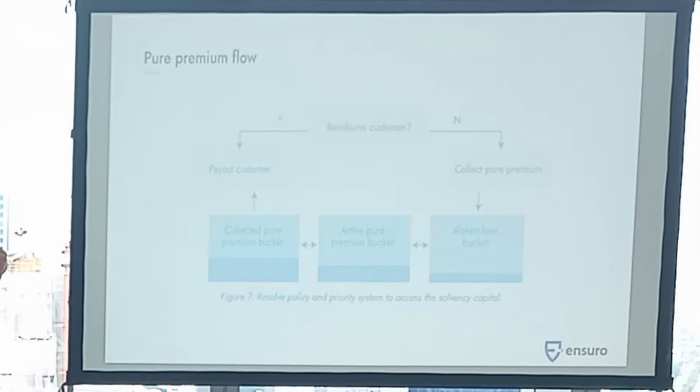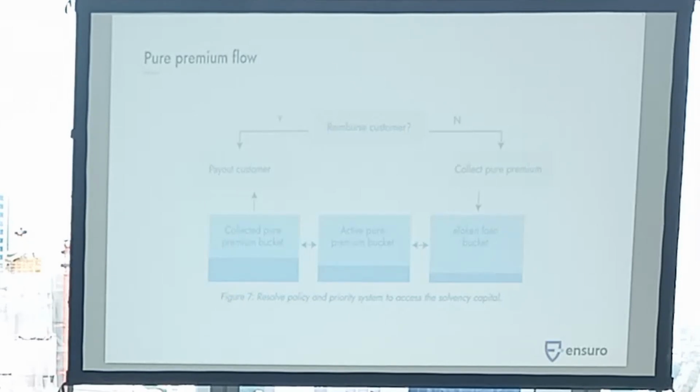You start using that. And if that is exhausted, then you take what we call a loan, and later I will explain why it's a loan. You take a loan from the junior pool, and if the junior pool is exhausted, then you go to the senior pool. So it's a kind of cascade where you first touch the pure premium reserve, then the junior, and then the senior.